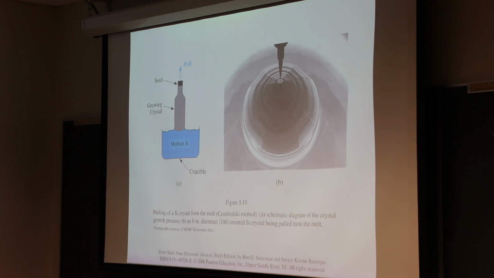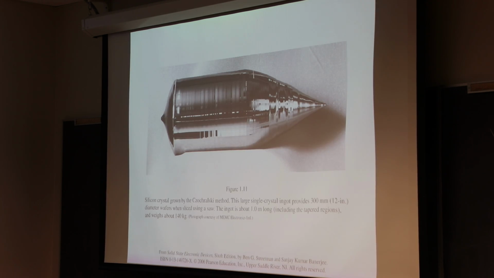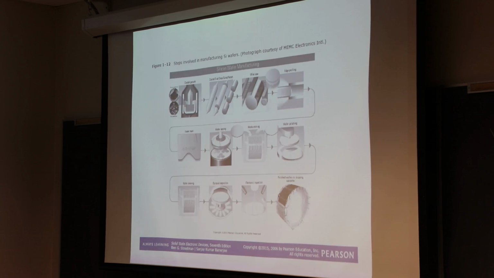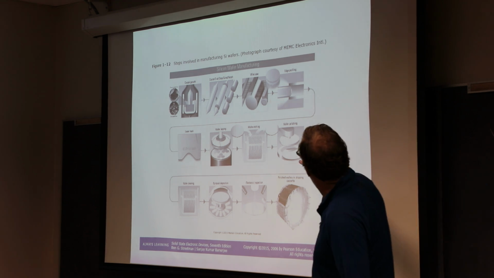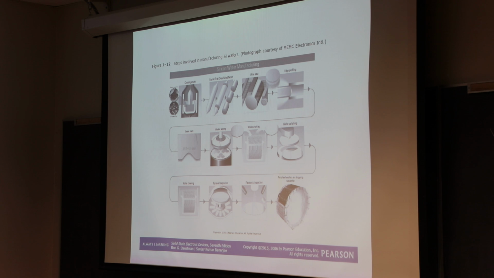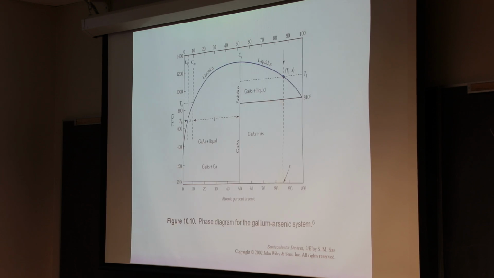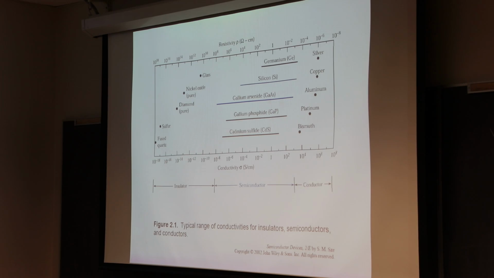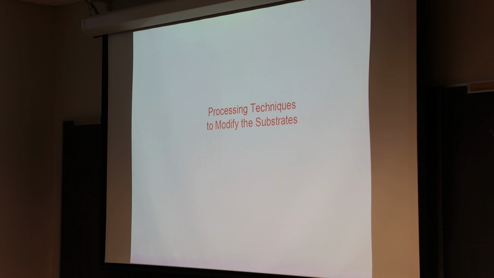Then you slice that, make the wafers, and here you can see the process in that video. You make the whole thing in different ways. You don't have to know all these, given this isn't a process class.